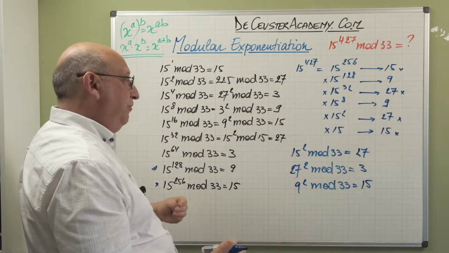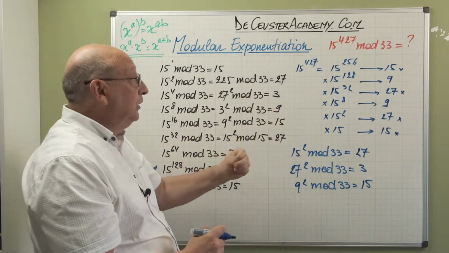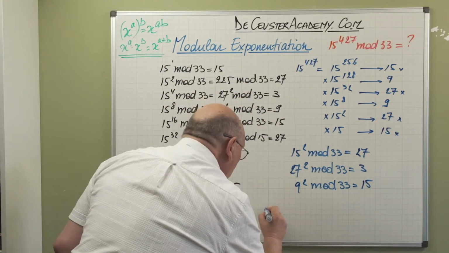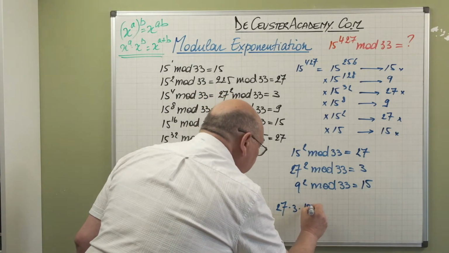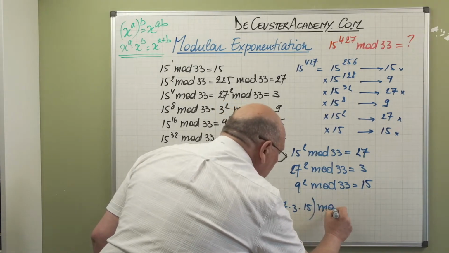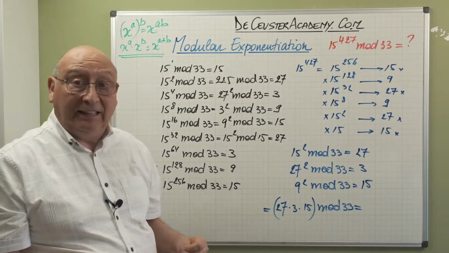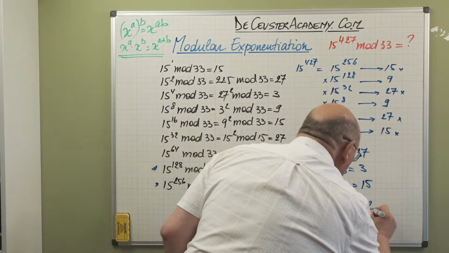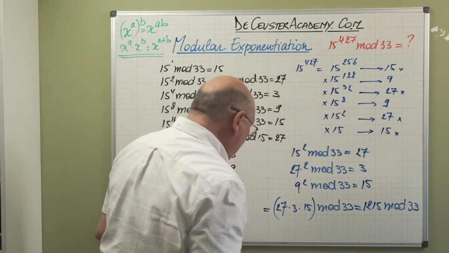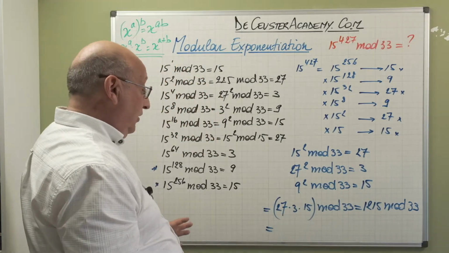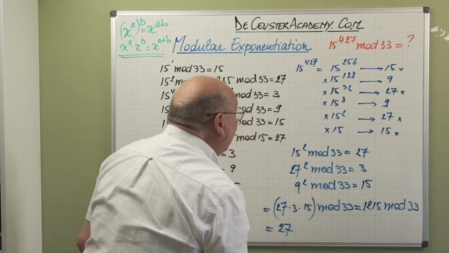So basically what we find at the end is that we can replace 15 to the power 427 by 27 times 3 times 15 modulus 33, which, when we multiply this, it's 1215 modulus 33, and this gives us finally the result that this is equal to 27.